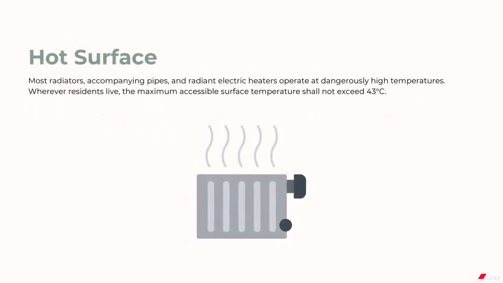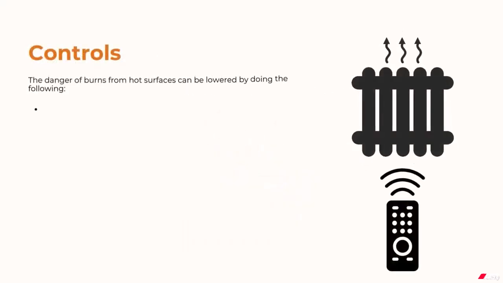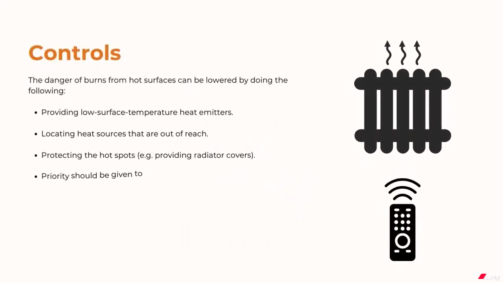Hot surface. Most radiators, accompanying pipes, and radiant electric heaters operate at dangerously high temperatures. Wherever residents live, the maximum accessible surface temperature shall not exceed 43 degrees Celsius. Controls.